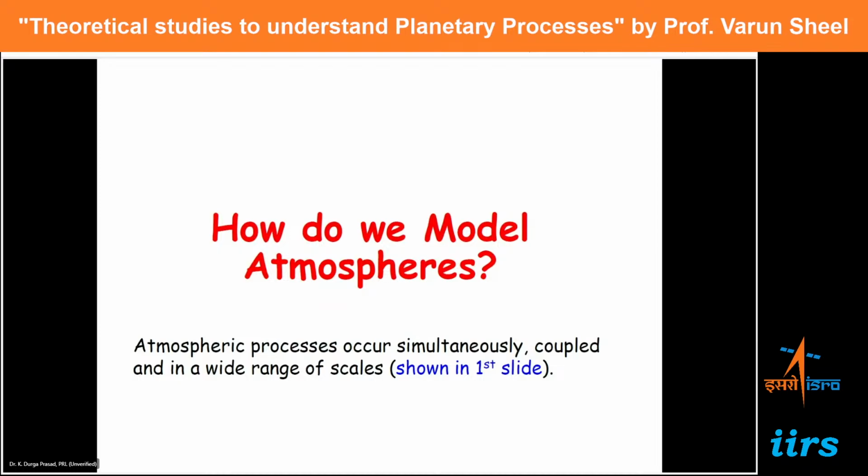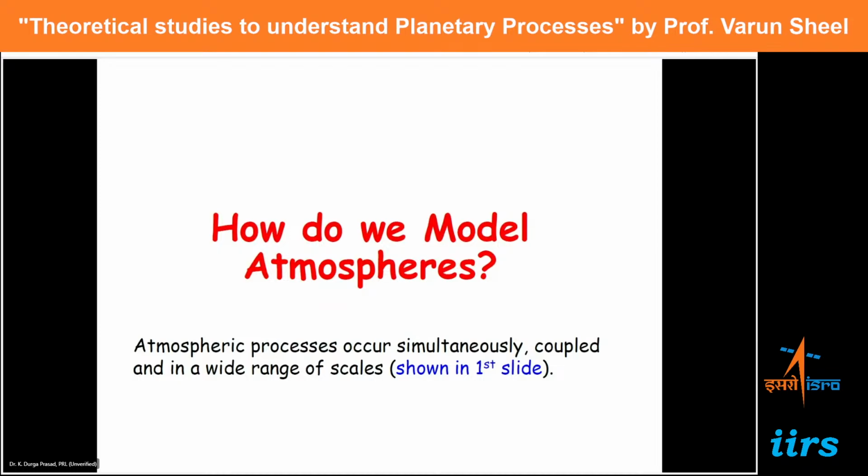Generally, atmospheric processes are not a single process. All these processes, that means physical, dynamical, and chemical processes, occur simultaneously and they are coupled. That means one process is dependent on another process. As shown in the first slide, all these processes have to go hand in hand.